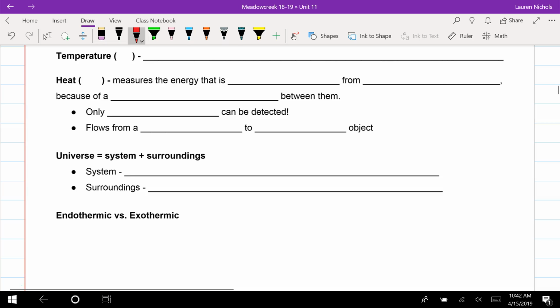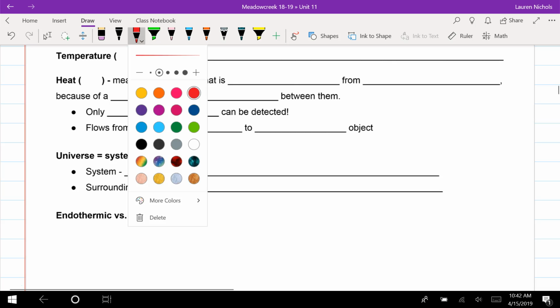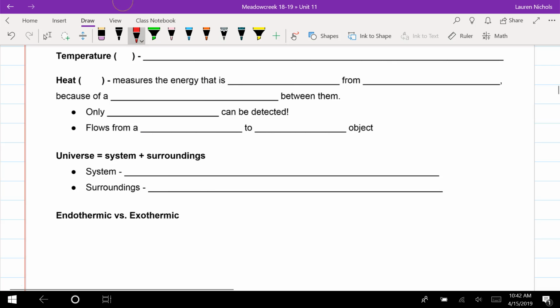In the last video, we talked about potential and kinetic energy, and I want to focus specifically on kinetic energy at this moment when we talk about temperature. The symbol for temperature is a capital T, but the units we use to measure it are degrees Celsius.